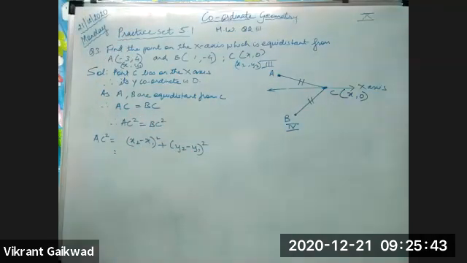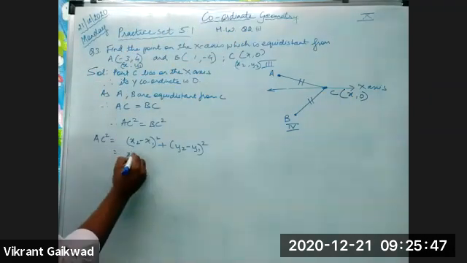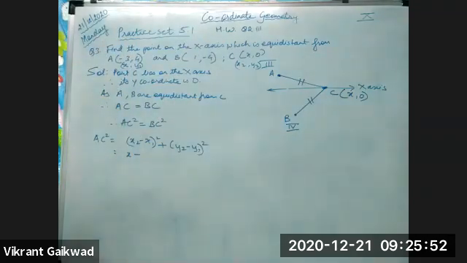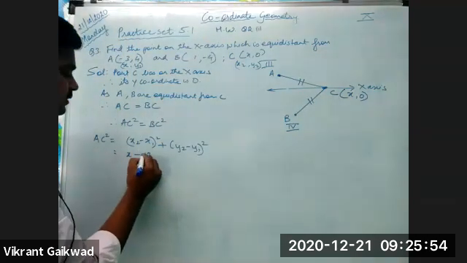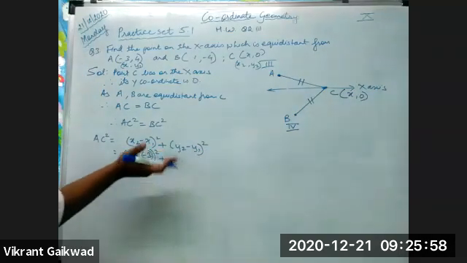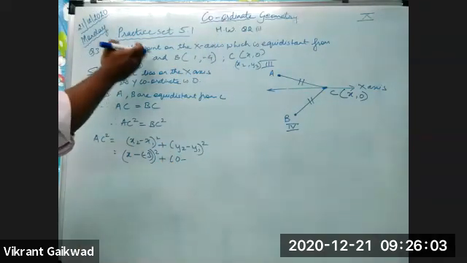Is this clear? So x2 minus x1, x2 is x. So x minus x1 is minus 3. So that becomes minus 3 the whole square plus y2, 0. 0 minus y1 is 4.